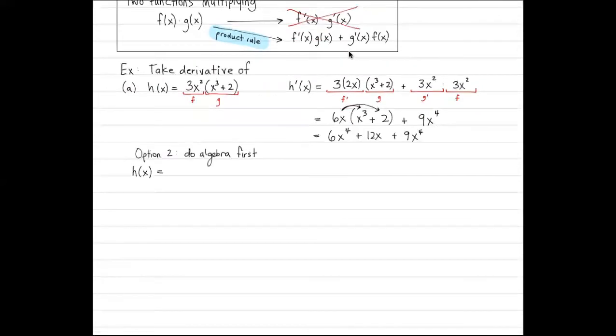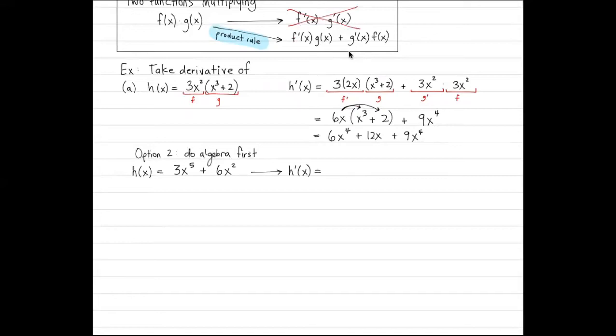If I did that, I'd have 3x to the 5 plus 6x squared. So I've done my algebra first. And then from there I can go through and take the derivative. And I don't have to use the product rule because I don't have two functions multiplying, they're adding now.